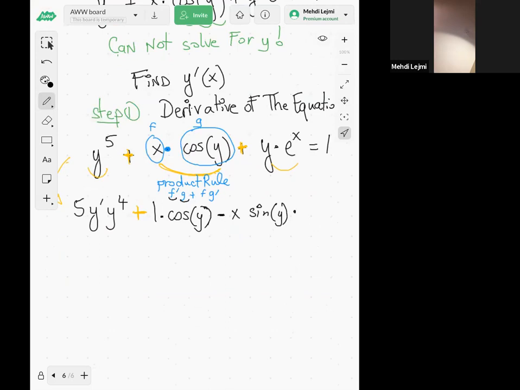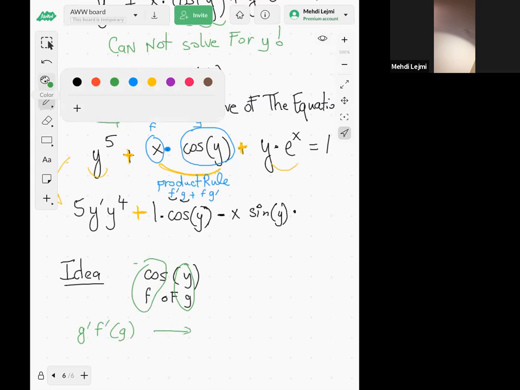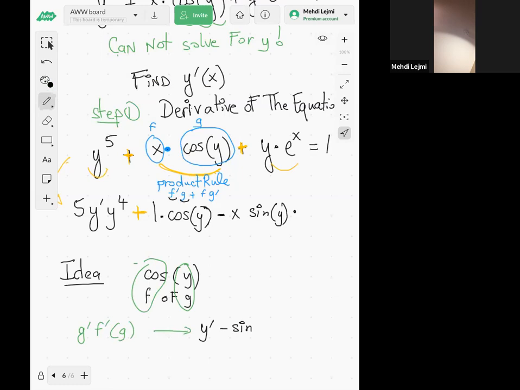So, okay, the idea is, you have cosine of y, right? So f of g, so it's a composition of two functions. F is the cosine, and g is the y, right? So we have to apply the chain rule, which is g prime times f prime of g, right? So what will be g prime? That will be y prime. And f prime, as you said, f is cosine, so f prime is minus sine of g, so it's minus sine of y.